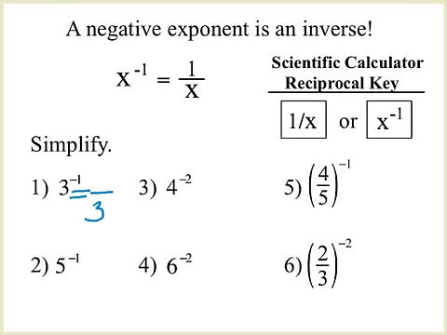Remember, it's the reciprocal of x. So I'm dropping my base into the denominator. I take it to the first power because I have an exponent of 1, and I put a 1 in the numerator. And that equals 1/3. Okay, same thing on number 2. I drop it into the denominator to the first power. I put it over 1 because the reciprocal of 5 is 1 over 5.